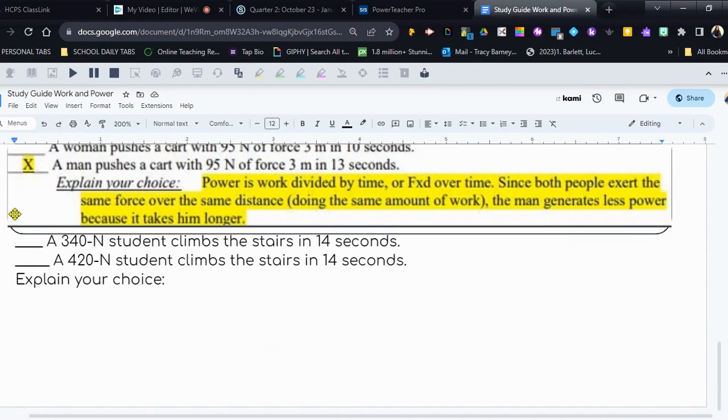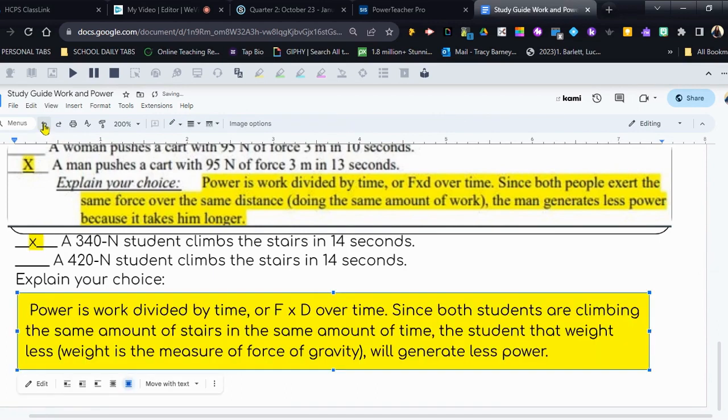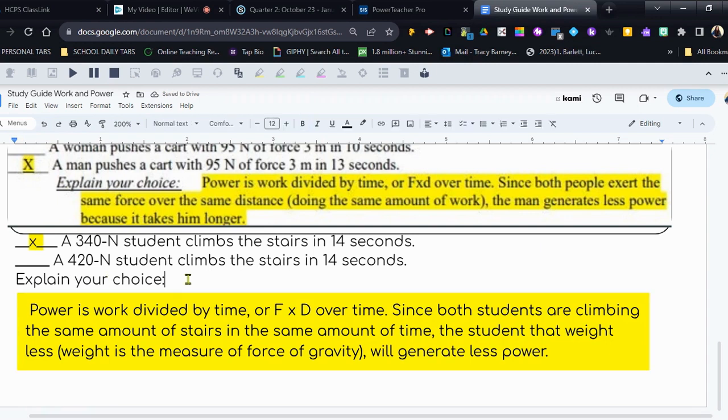Then the last scenario, where is there less power being generated? A 340 Newton student climbs the stairs in 14 seconds, or a 420 Newton student climbs the stairs in 14 seconds? Well, you should have put the first one. And the reason is because power is work divided by time, or force times distance over time.